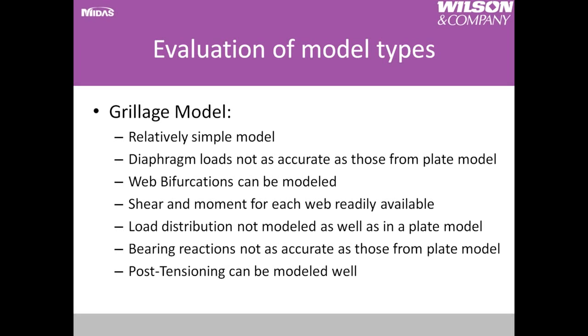The load distribution is not modeled as well as it was in the plate model. It doesn't consider everything that's going on in this box girder. The bearing reactions were not as accurate as those from the plate model, and the post-tensioning can be modeled well using the Grillage model.